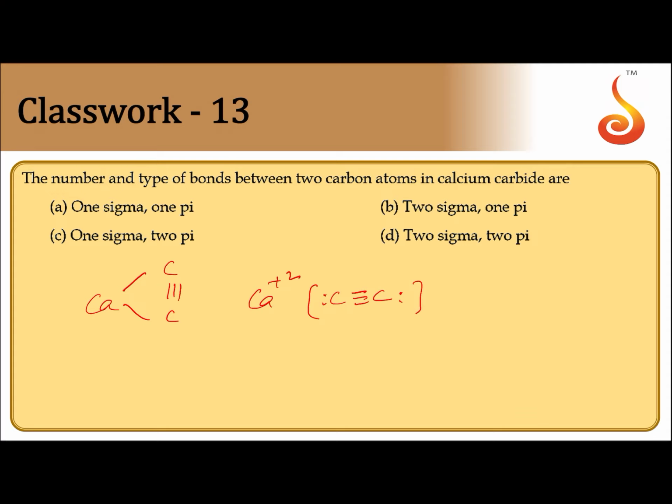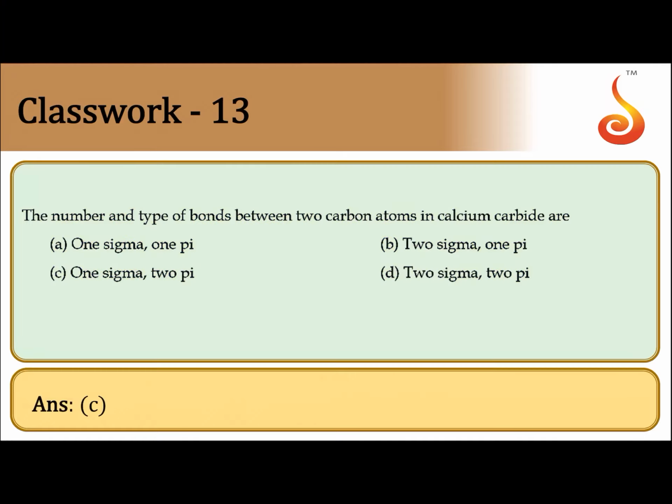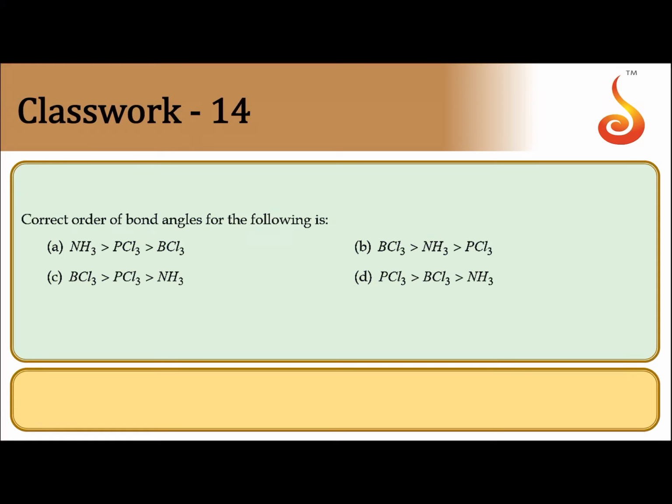This implies that between the two carbon atoms of calcium carbide, a triple bond is present. A triple bond implies there should be one sigma bond and the remaining two are pi bonds. Hence it will be one sigma bond and two pi bonds. So the option is C in this case. One sigma and two pi bonds are there. So option C.